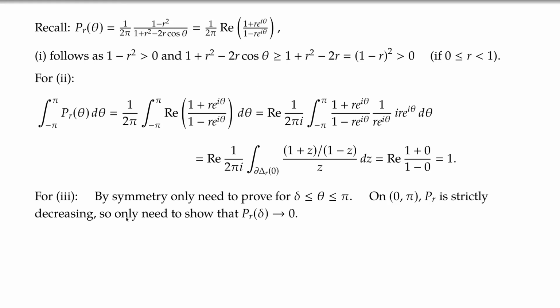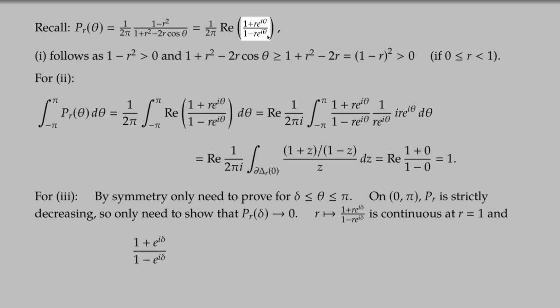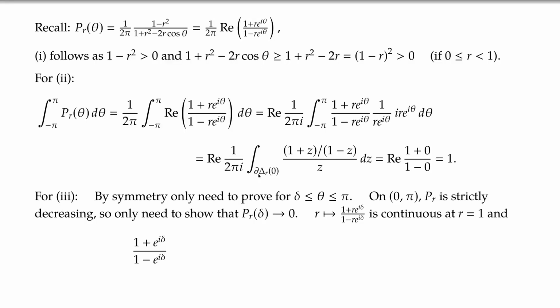And so we only need to show that p sub r of delta is going to 0. So the function, let's look at what's inside.